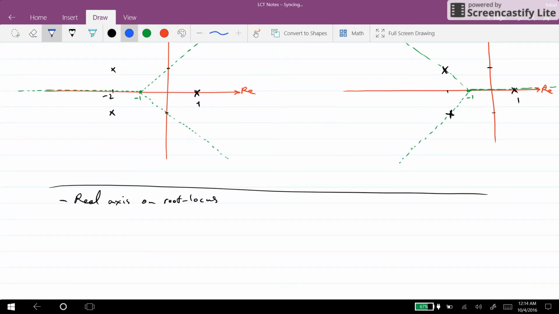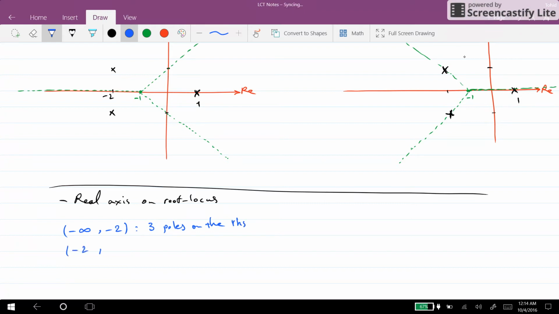So here we have 2 segments in terms of the number of poles and zeros on the right hand side, whether it's an odd number or an even number. From -infinity until, or let's say we have 3 segments, until -2, we have 3 poles on the right hand side.